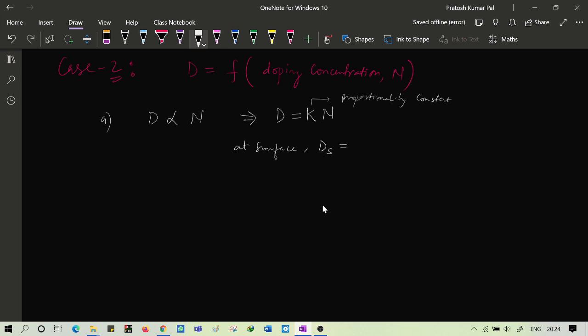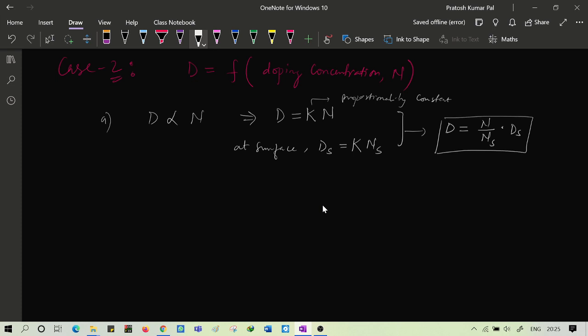So at the surface we find the diffusion coefficient, Ds, given by k into Ns. Using these two equations, D comes out to be n divided by Ns into Ds.